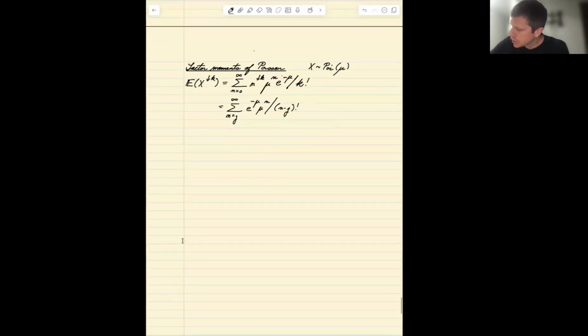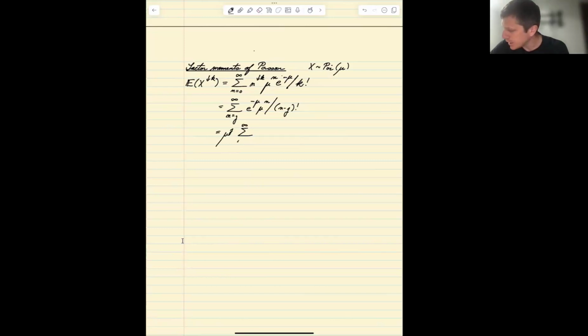is that this can be rewritten as the sum from n equals j to infinity of e to the minus mu, mu to the n over n minus j factorial. Since we're going from j to infinity, we can actually pull a mu to the power j out, and get the sum from n equals 0 to infinity.